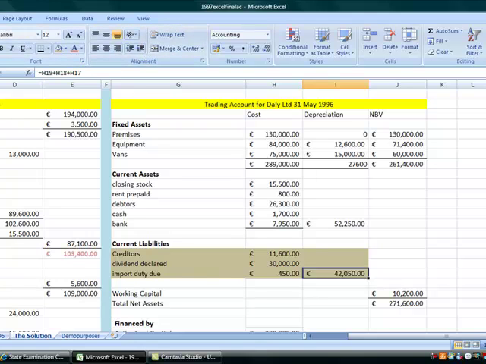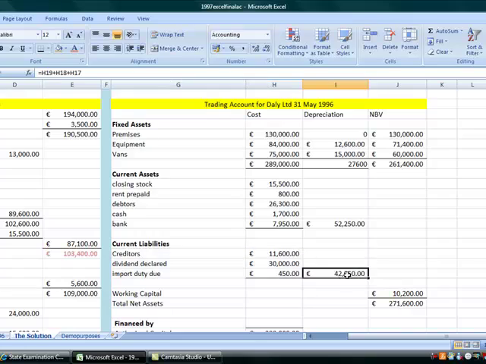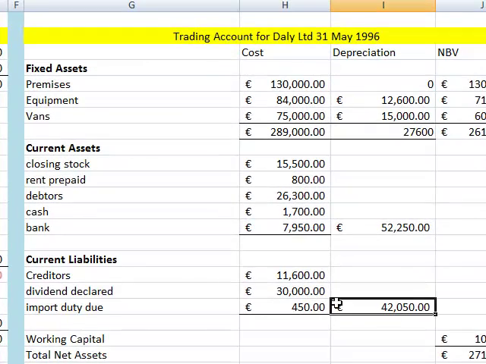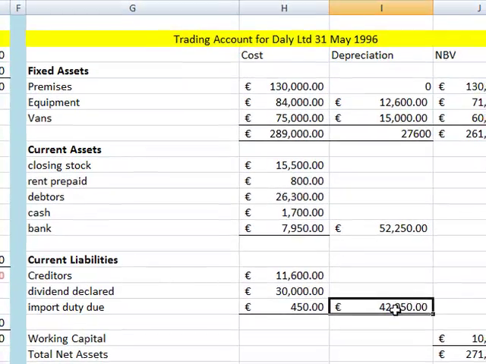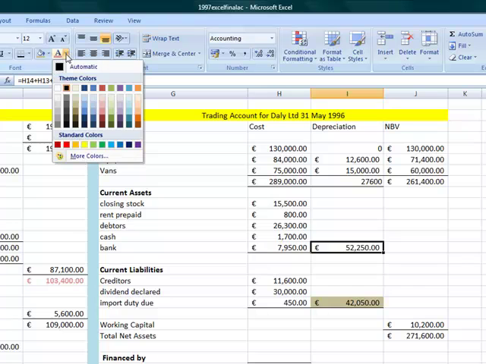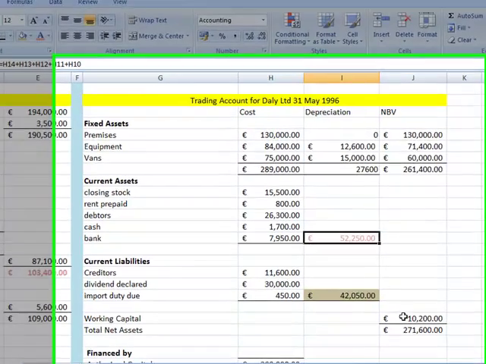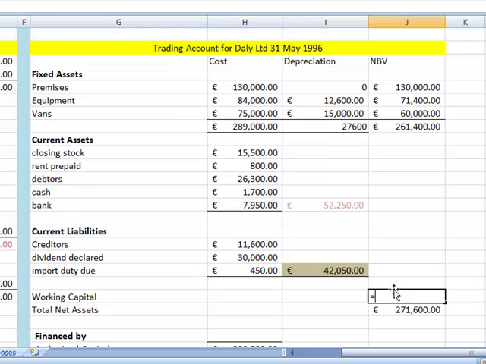Working capital. Isn't that what it's all about? Yeah, work. So we subtract our current liabilities, 42,050, from 52,050. Okay, so we get a working capital figure equals that minus that.